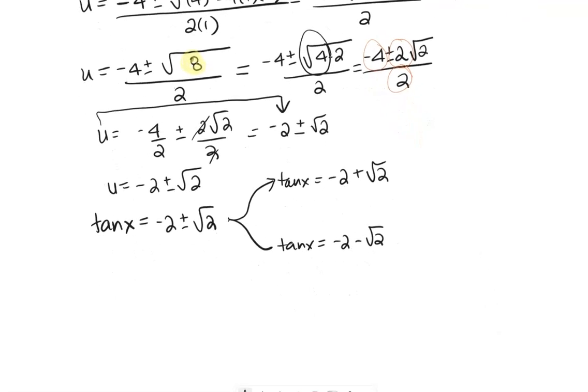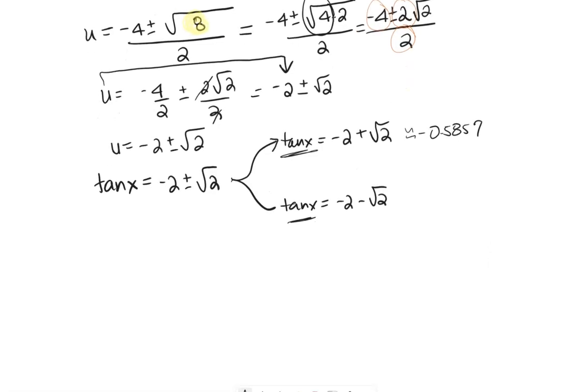If you wanted to, you could put this in your calculator and see that negative 2 plus the square root of 2 is approximately negative 0.5857. But we're not done because we haven't solved for x yet. We're still at tan x equals.